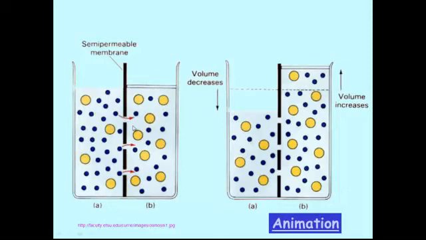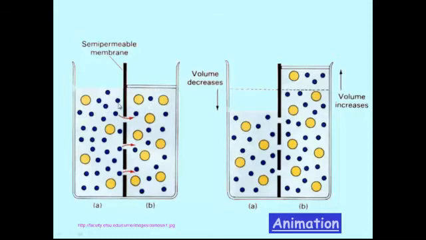But if they can't move, if they can't get through the cell membrane, water's going to want to do the same thing. Look at all the little black dots for the water molecules here. Lots of water, high concentration of water on this side compared to lower water on this side.